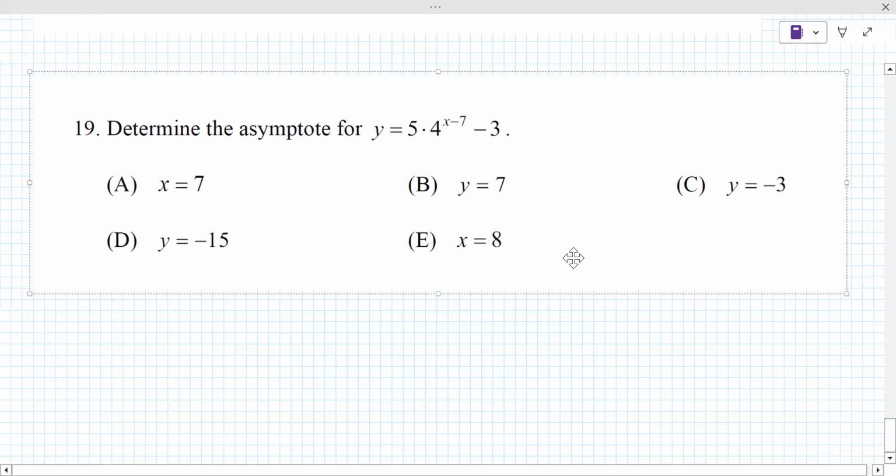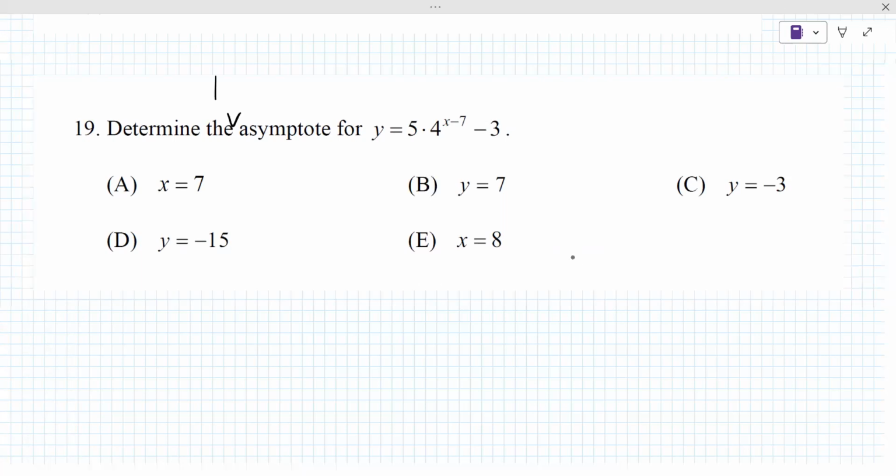Now implied in this is the horizontal asymptote. It is kind of right there, but you may not remember what it is until you've seen this problem.